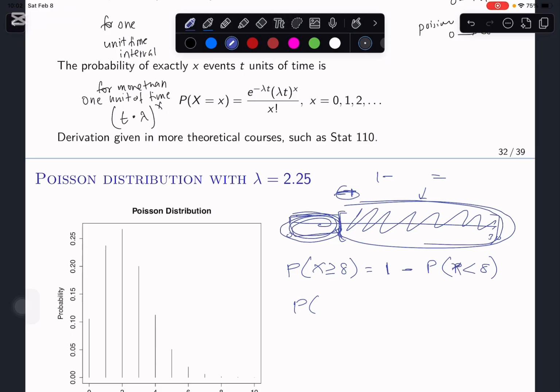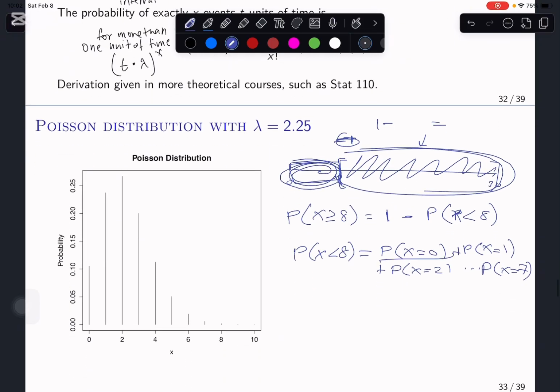So you're going to do the probability of x being less than 8, which is equal to the probability of x being 0 plus the probability of x being 1 plus the probability of x being 2, and so on up to the probability of x equals 7.